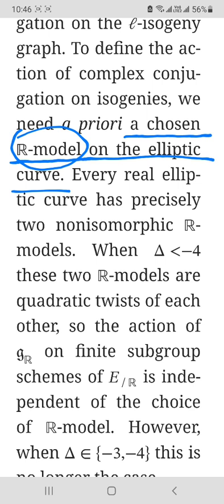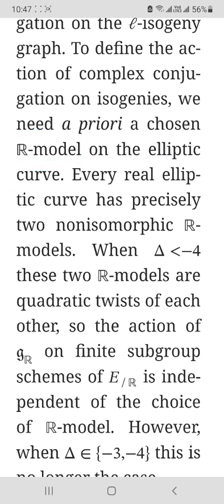And if the parameters of that polynomial are defined over R, then it can be viewed as an R model on the elliptic curve. Every real elliptic curve has precisely two non-isomorphic R models. Okay, this is the key result here.